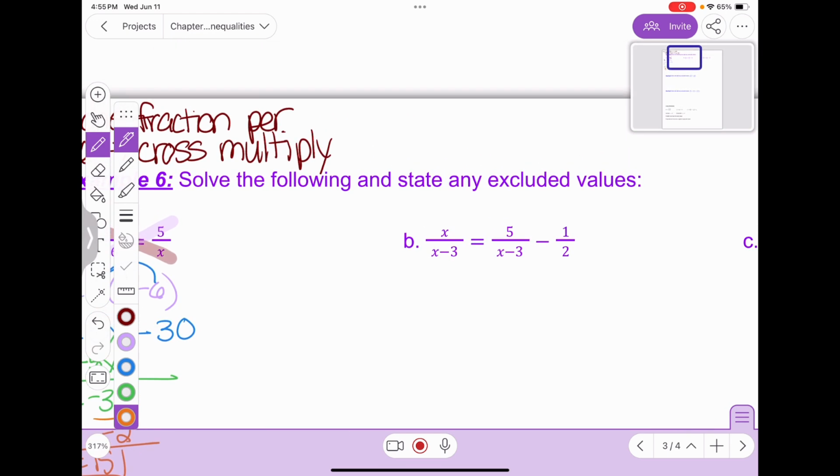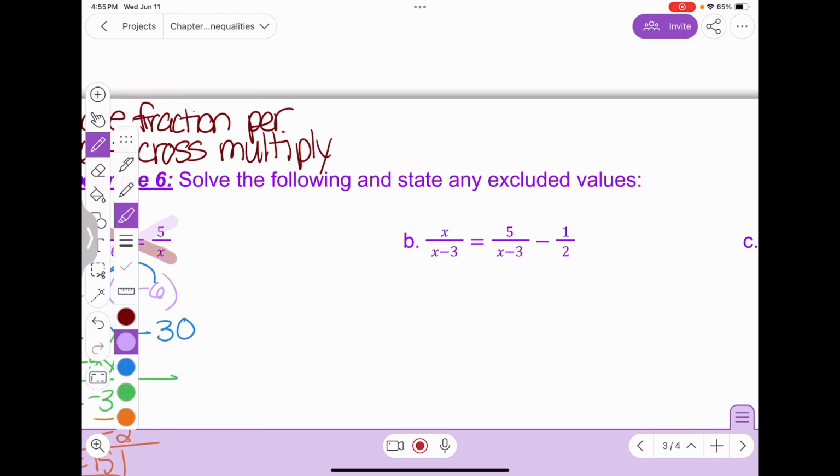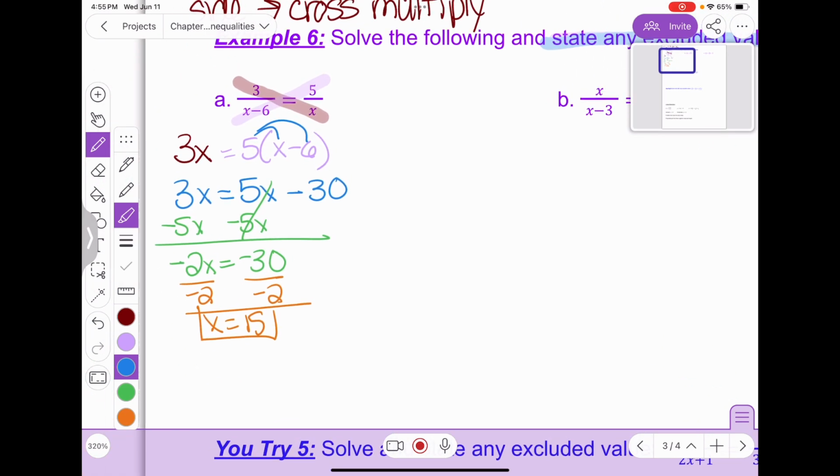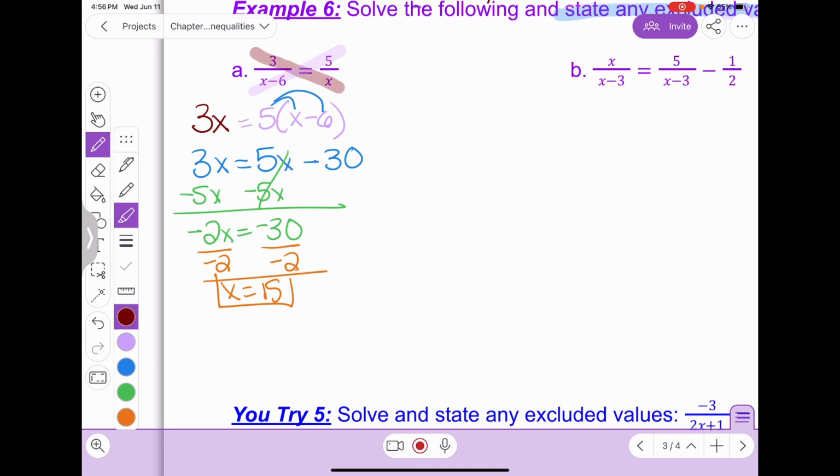Then part of the problem says state any excluded values. So this is like before with our domain. You can't have 0 on the bottom of the fraction. So what numbers in this problem would make the fraction equal 0? Well, here, the bottom of this fraction can't equal 0.